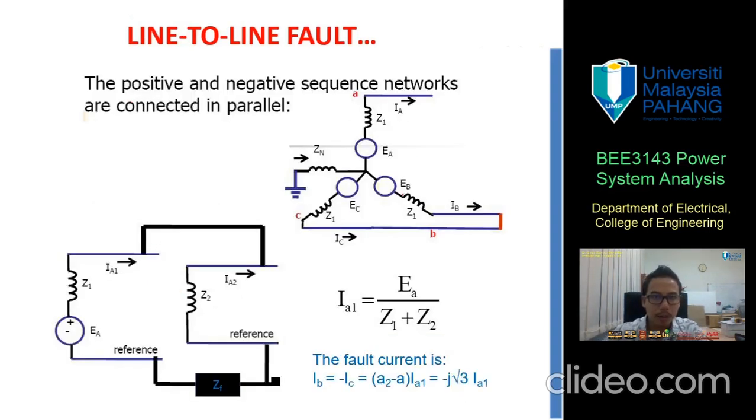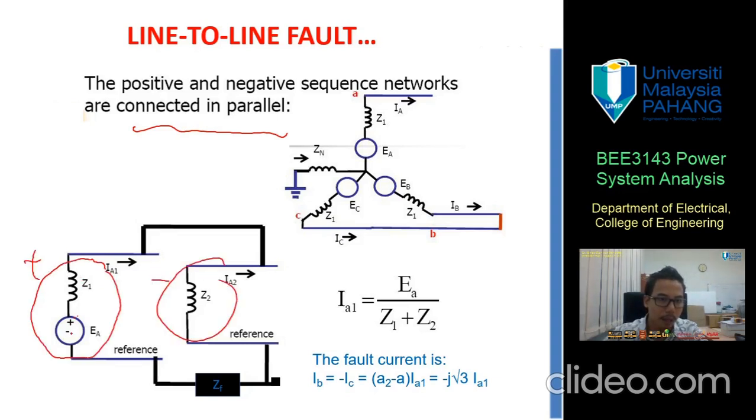So basically, how to connect it for the case of a line to line: the positive and negative sequence networks are connected in parallel. No zero sequence here, only positive and negative sequence are included.